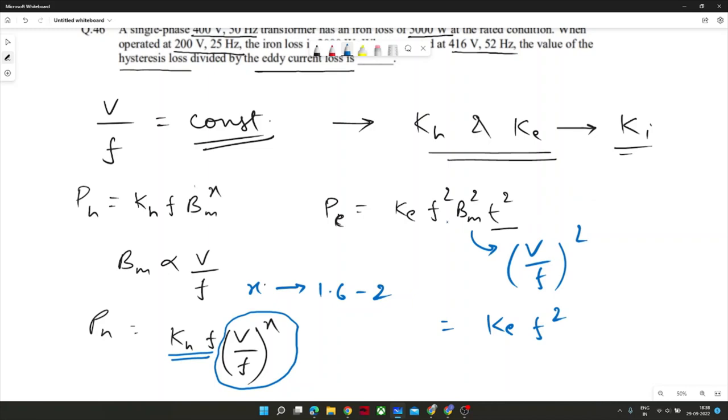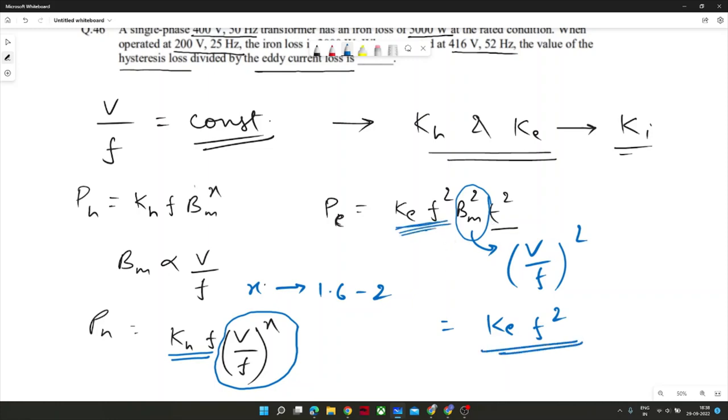Sir, can I say something? Yeah, please go ahead. Sir, here B by f is constant in both cases. Okay, yeah, I got it. So if it is constant, it won't matter here, right? That's what you want to say? Yes, sir. So it will effectively vary with Ke f square.